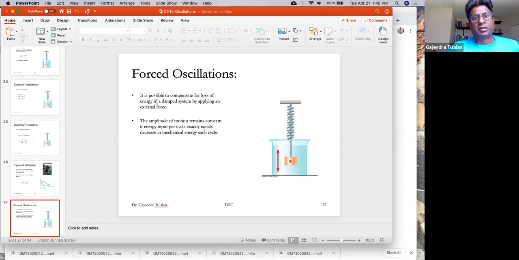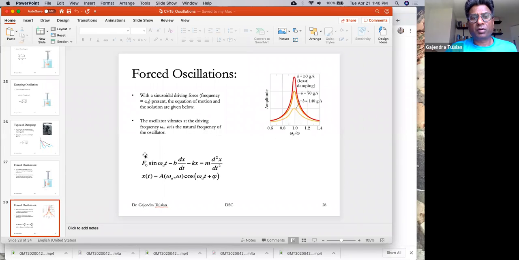If there is friction, it's possible to compensate for loss of energy in a damped system by applying an external force. And this will bring us to resonance in a little bit. So here's the net force on the system. Here's the applied force, the external force.